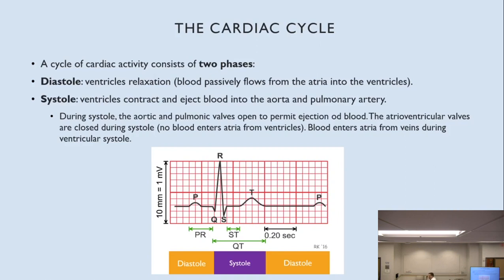If you're auscultating the heart, lub dub, lub dub, you are listening, and you could even picture in your mind that every time you hear the dub, this is happening.